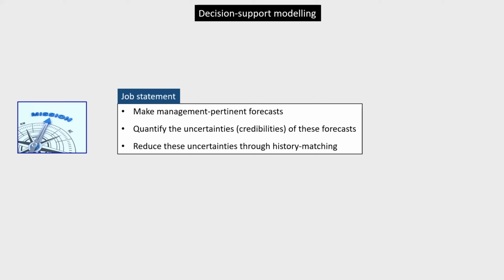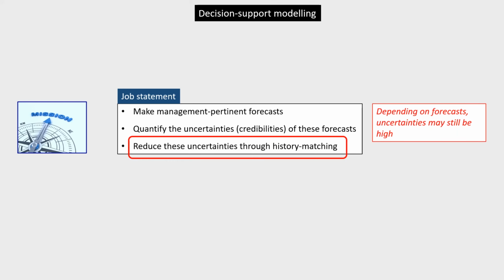I do this for a few reasons. It gives decision makers and stakeholders an idea of the risks that are being taken. It's also an estimate of the credibility of the predictions made by the model. So, my task is to make predictions of management interest and accompany them with estimates of uncertainty.